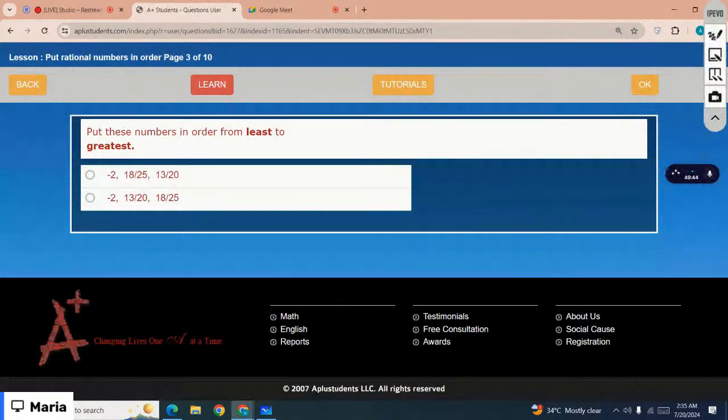Okay, put these numbers in order from least to greatest, so which is the correct option?